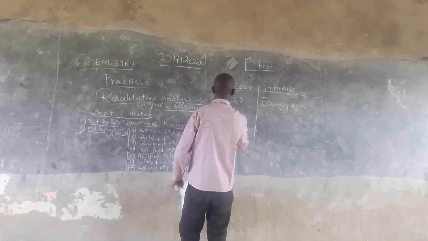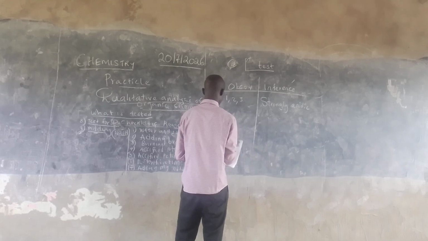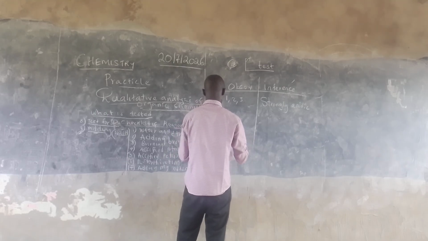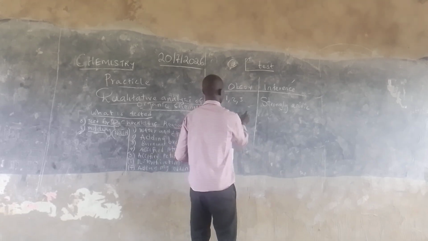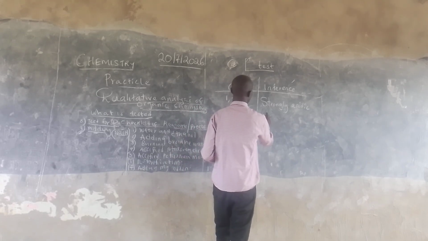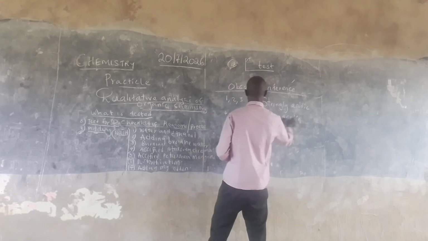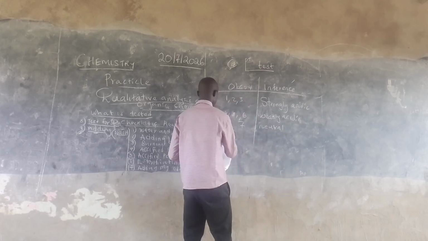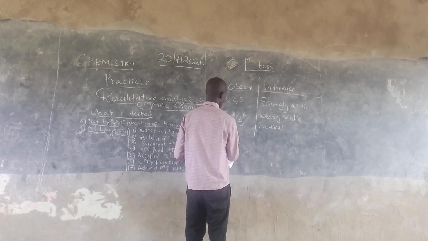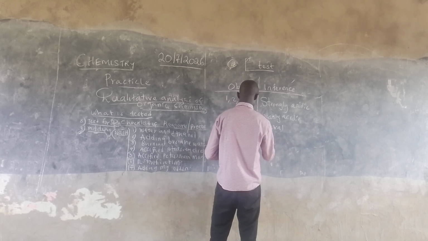If the pH ranges from, say, 4, 5, 6, then we say it is weakly acidic. If it is 7, we say it is neutral. If it is 8, 9, and 10, then we talk about weakly basic.